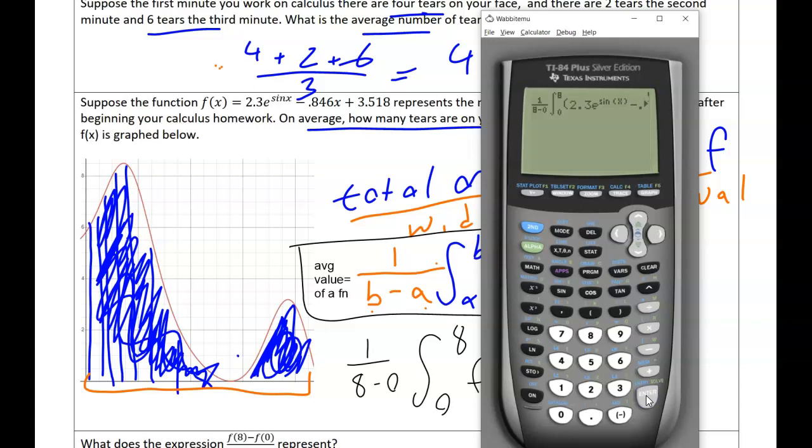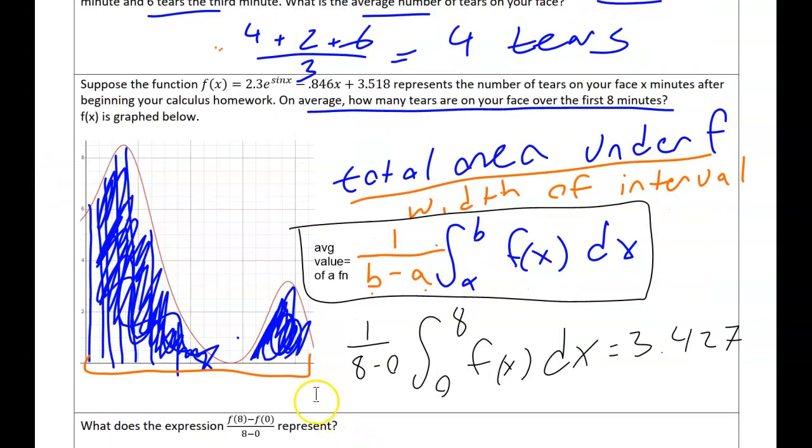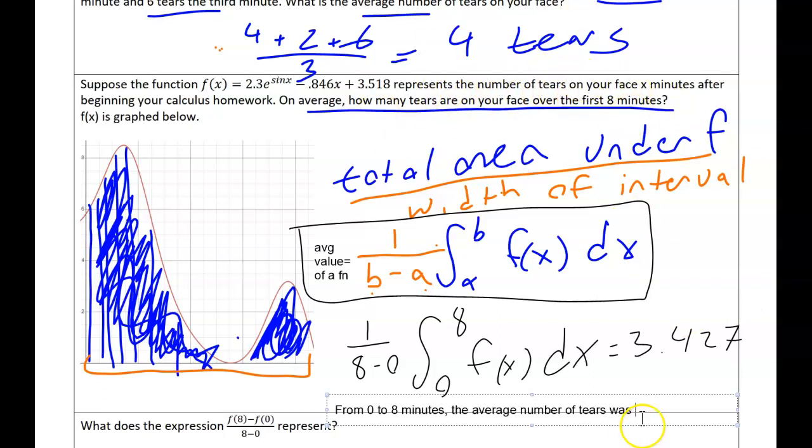And then I hit enter, and the calculator thinks pretty hard for this one, and I get about 3.427. And then I can write a noun unit time for this. So I can say something like: from 0 to 8 minutes, the average number of tiers, so f is the number of tiers, was 3.427 tiers. And that's it.